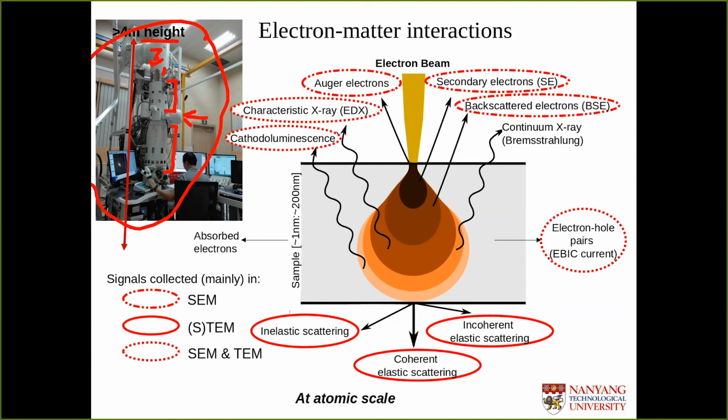What is special about this microscope is that this part is a probe corrector. It means it can correct the higher aberrations in the condenser system and remove the aberrations on the probe forming system. Thanks to this probe corrector, we can get a beam size down to 50, 60 picometer.